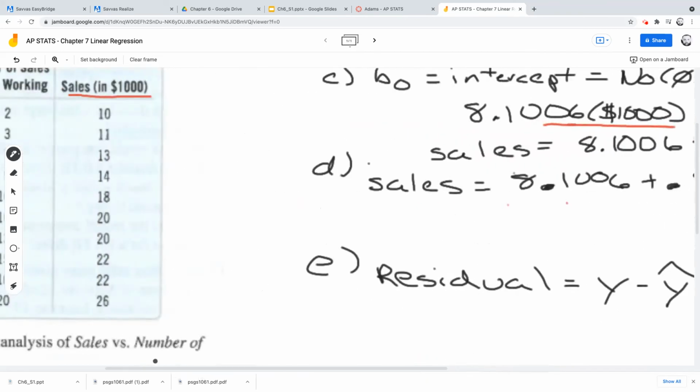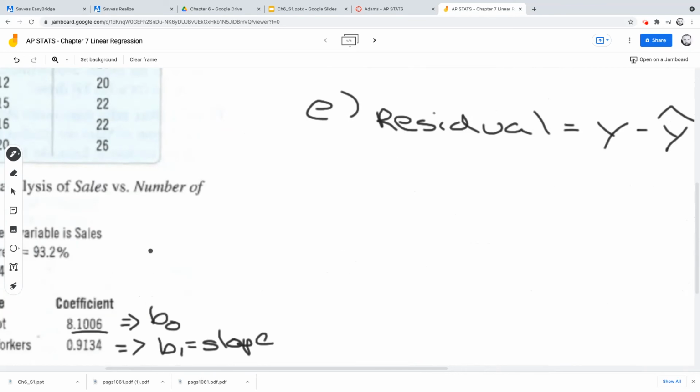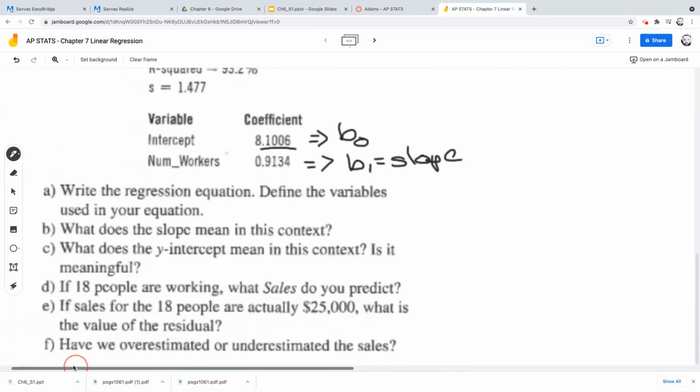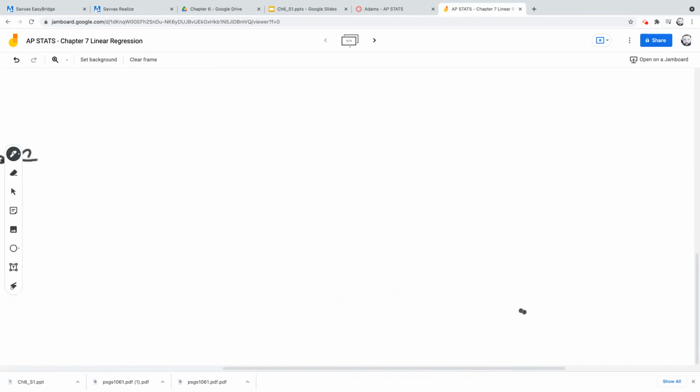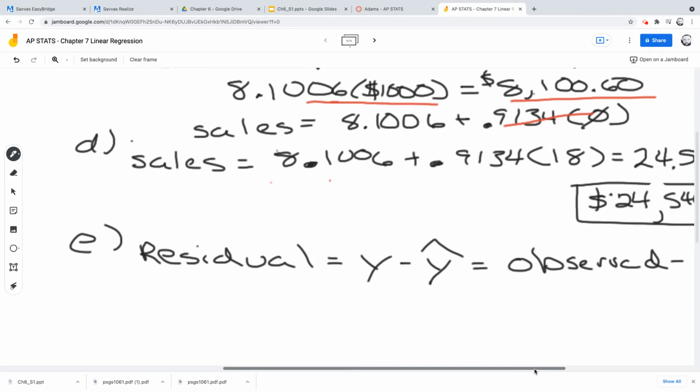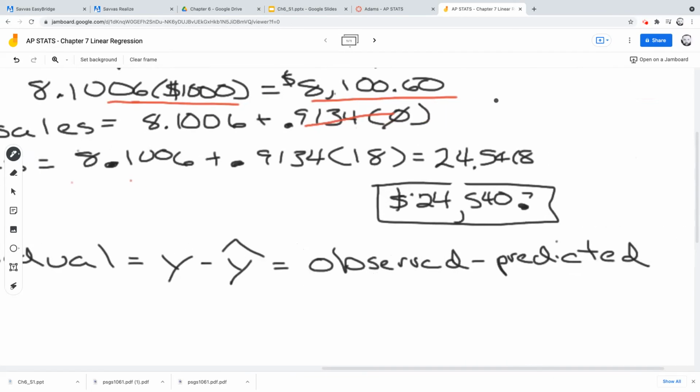So the question, if we scroll down here for E, is they are telling us that they had 18 salespeople and they actually had 25,000 in sales. So this is the observed value. This is Y. Okay? So I just want to be a little more formal. This is actually my predicted value, right?